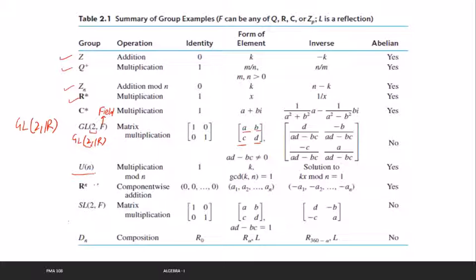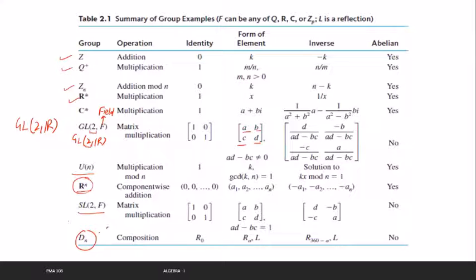We have done Un. Rn is like n-tuples. What kind of elements will Rn have? You have x1, x2, ..., xn. So one element will look like a tuple, a vector itself. Then SL, the special linear group, and Dn, which we haven't talked about, the dihedral group.